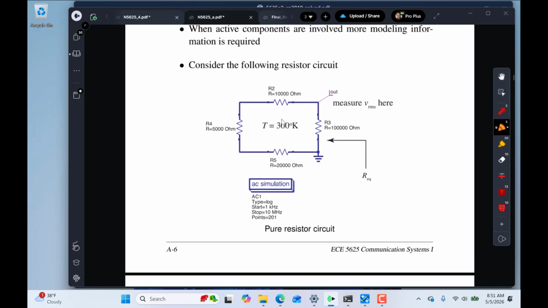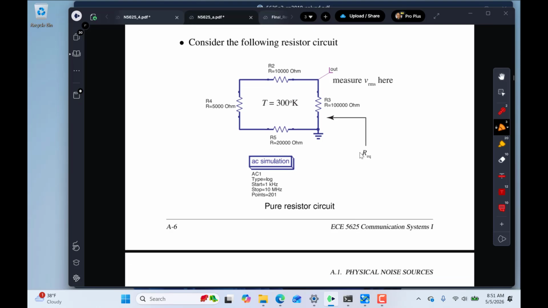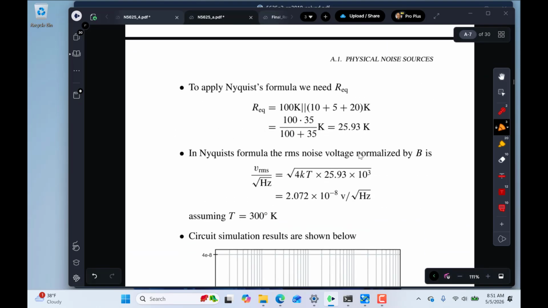So in this circuit, this was the circuit that I had in the notes. I just had the same 3 resistors in here. I guess 4 resistors, whatever I had. This was the circuit I analyzed. I said, just do the simulation. These are all the resistors, equivalent resistance. R equivalent is 25.93K.